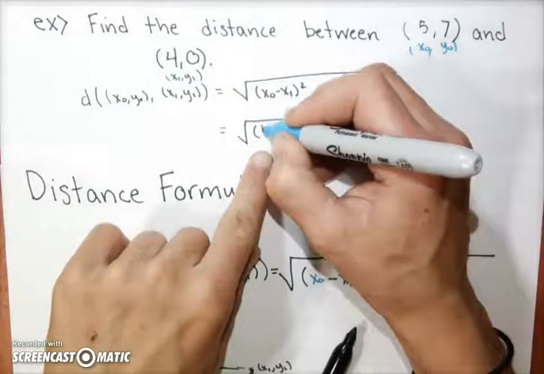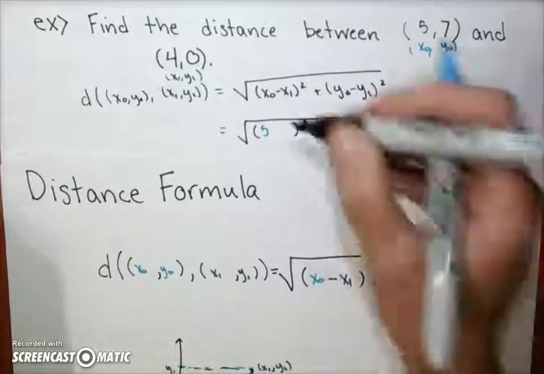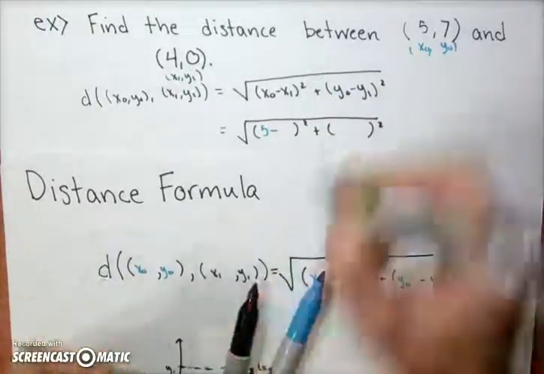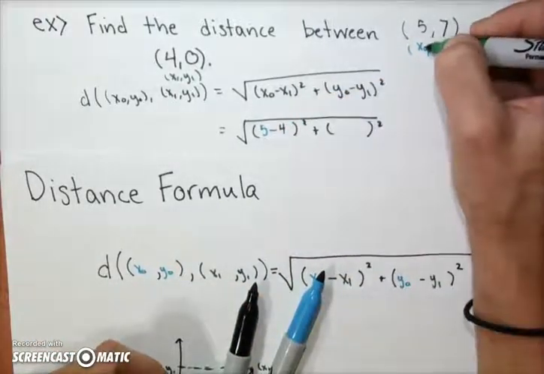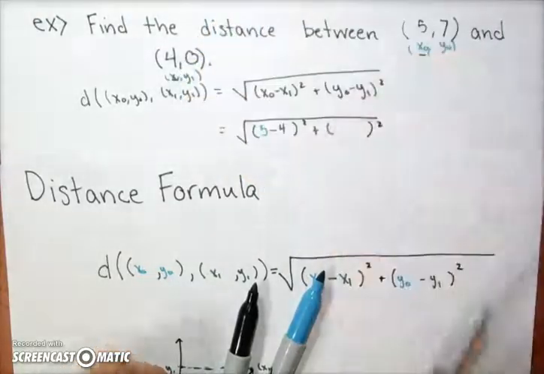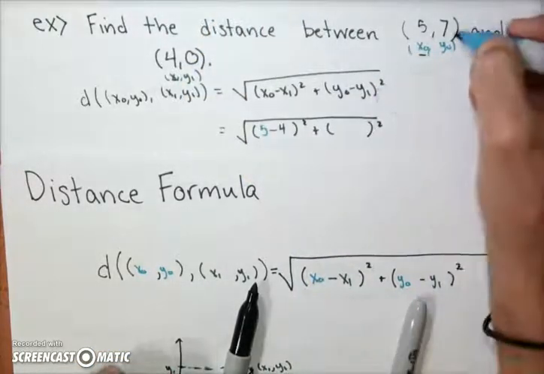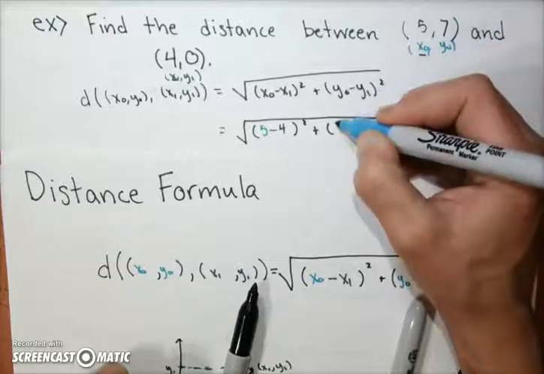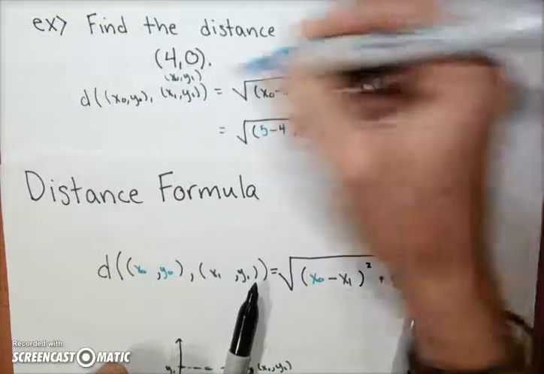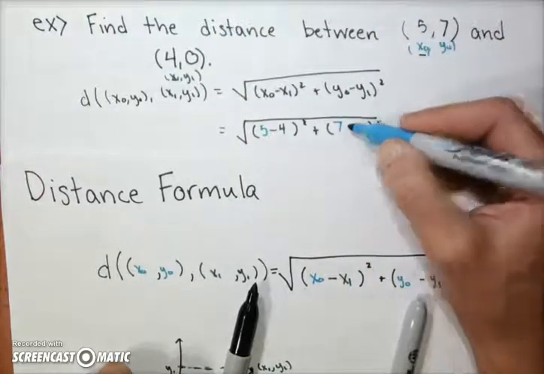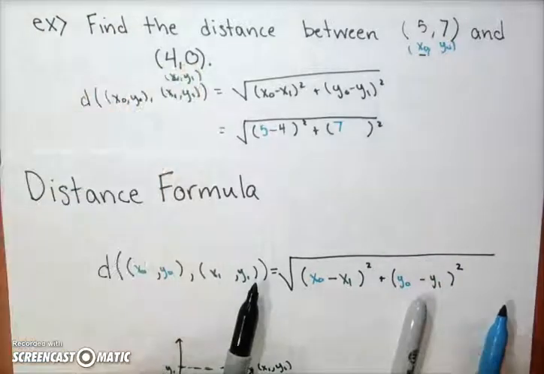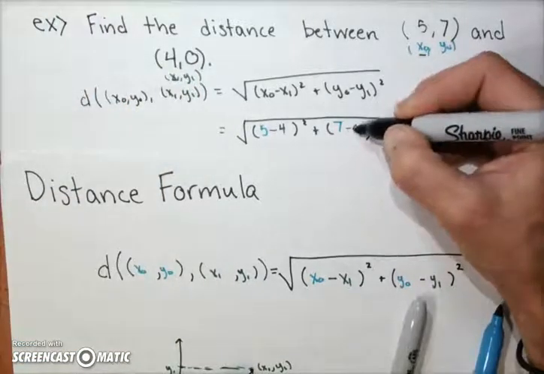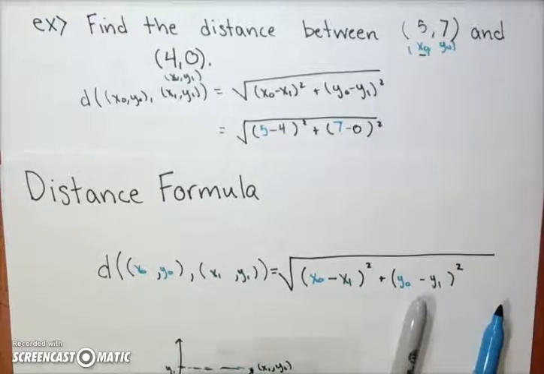So I do 5 minus 4, that's x0 minus x1. My y0 is 7, my y1 is 0, so 7 minus 0, and I square that quantity.